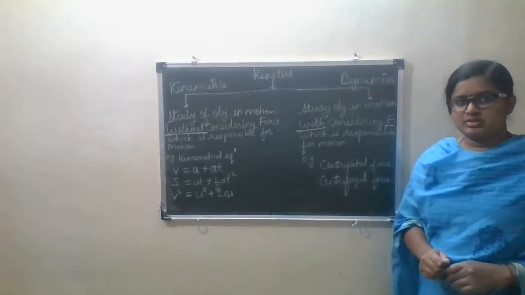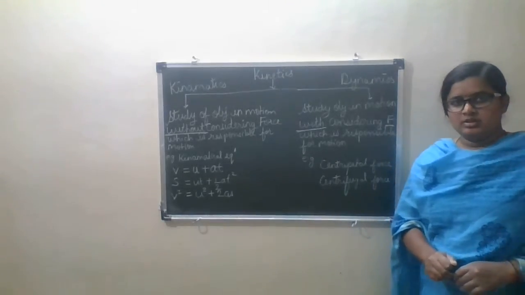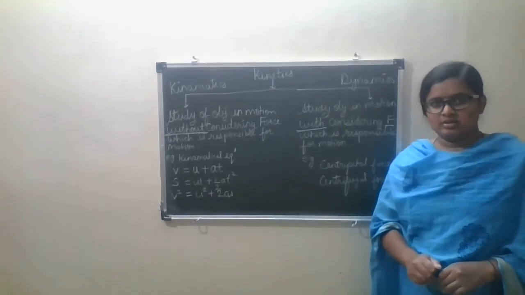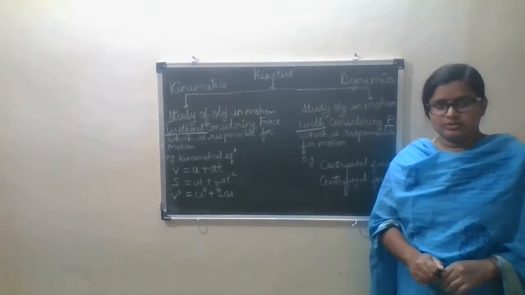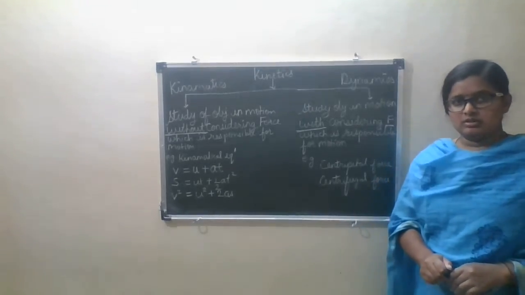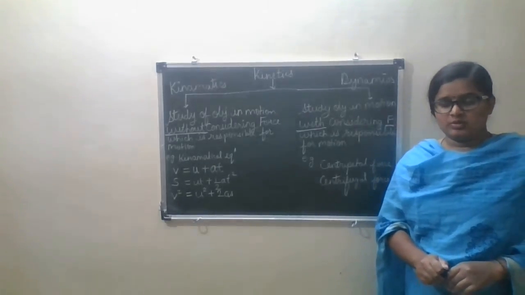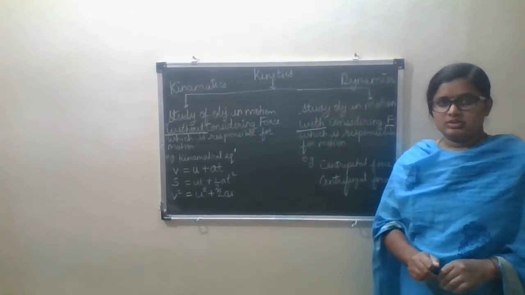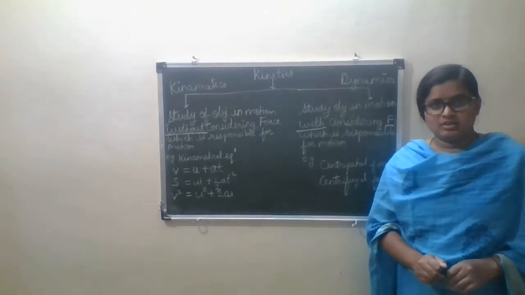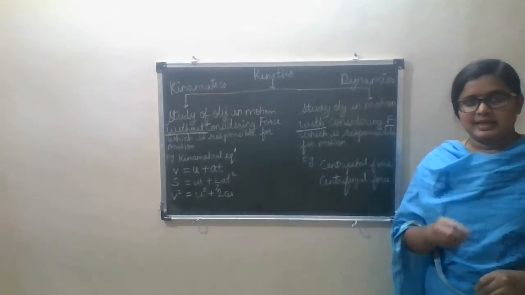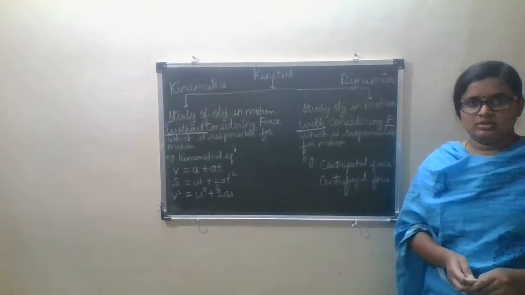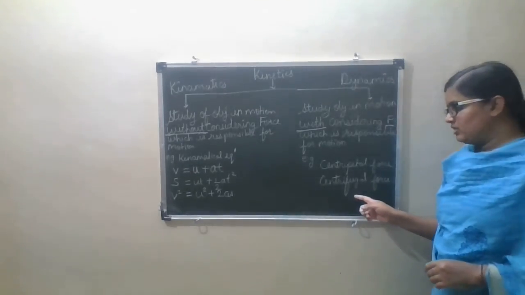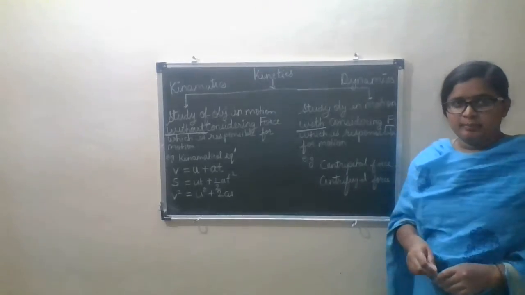Centripetal force is directed towards the center while the particle is moving. An example is the Earth moving around the sun, where the centripetal force acts towards the center. The centrifugal force is directed outwards. An example of the centrifugal force is a merry-go-round.